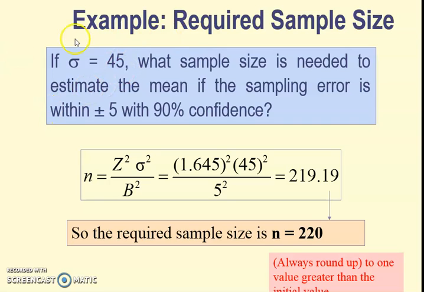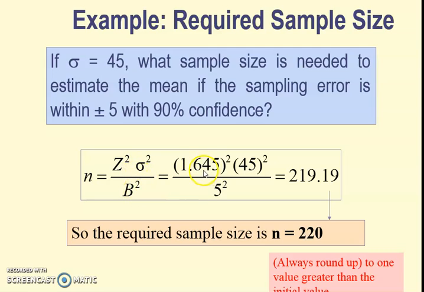So for example, you have sigma equals 45 and you want to know what sample size is needed in order to estimate the mean if the sampling error is within plus minus 5 with 90% confidence. So we have this formula n equals Z squared sigma squared over B squared.